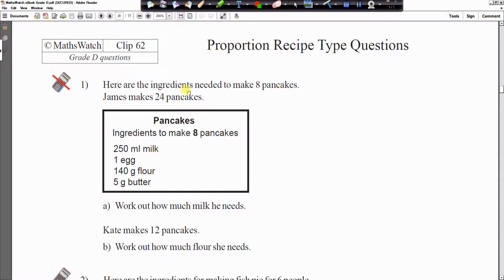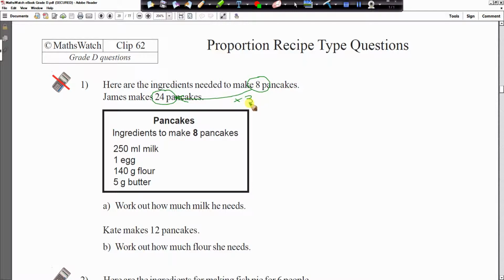It says here are the ingredients needed to make 8 pancakes. James wants to make 24 pancakes. So these are the ingredients for 8, but we need to make more pancakes. How many times more? 3 times more.